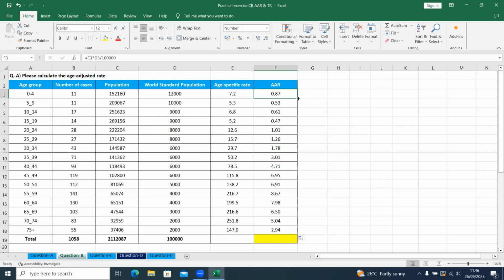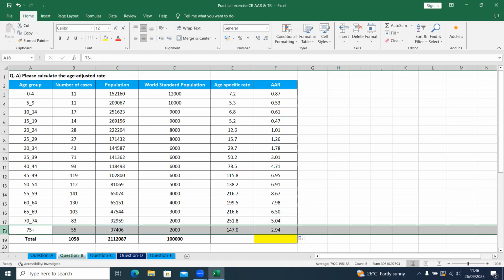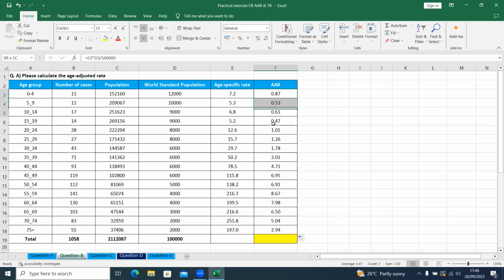I have applied that formula for all age groups, from 0 to 4 to 75 plus. Now we have to add whatever numbers we have got.